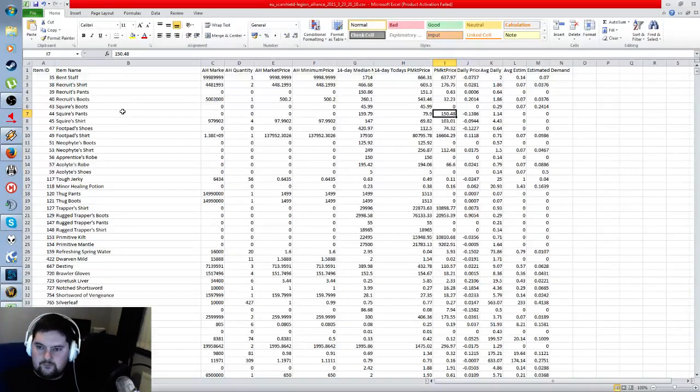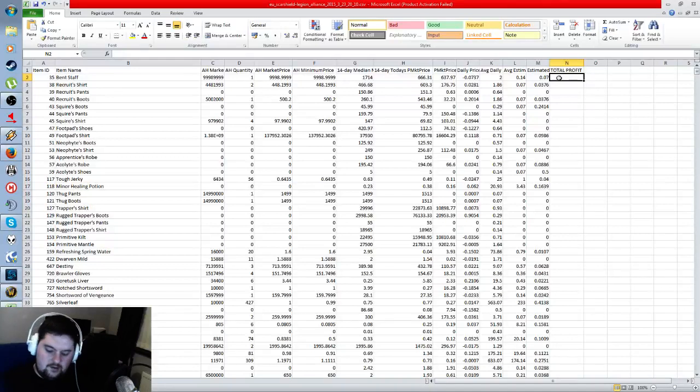Right, so the first thing you do is you add a new column in, and this is going to be your total profit. And the way this works is you set it so that it looks at the market price, so it takes the minimum price and then you add that to the market price.